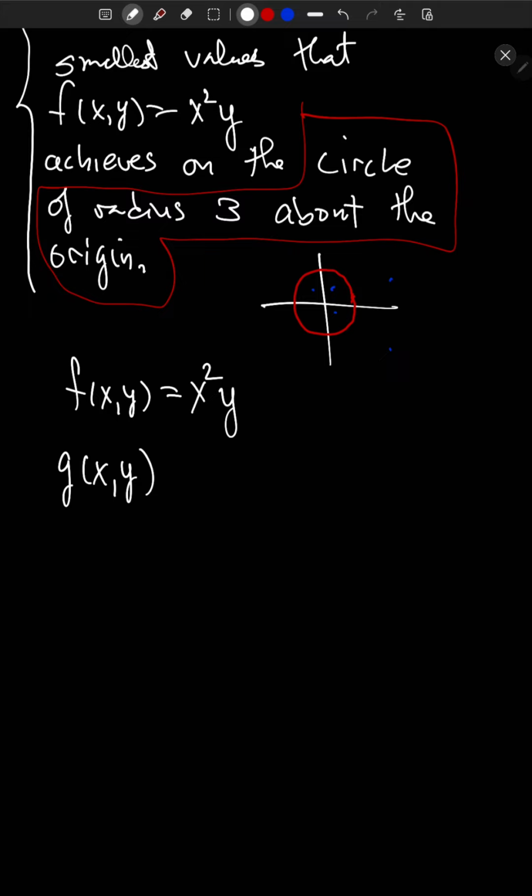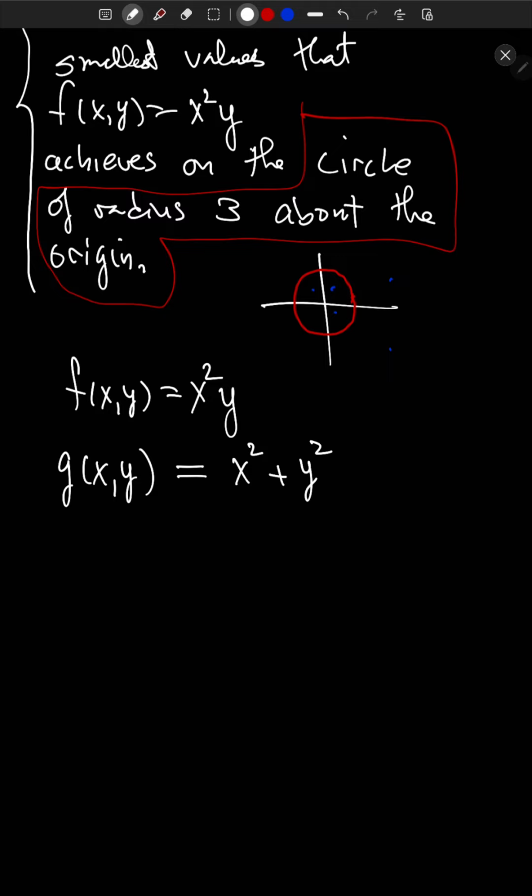This is where we need to have experience thinking about level curves, or working with equations of functions and what their level curves look like. But for a function like g, a simple function would be g of x comma y equals x squared plus y squared.